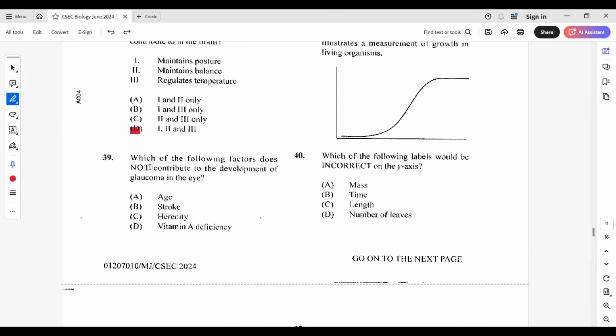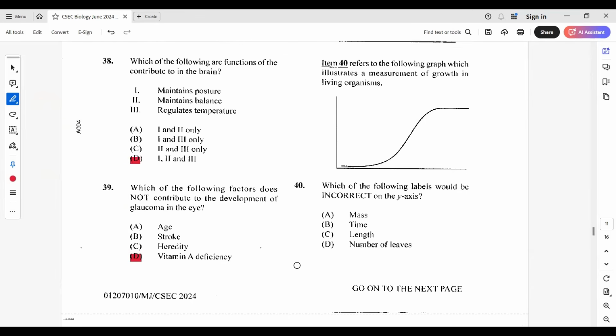So which of the following does not contribute to the development? It has to be vitamin A deficiency. That should give you night blindness, not necessarily glaucoma. Although it does relate to the eye, we're going with this answer because all the others are very well known. We are going with D as being the answer for this one.